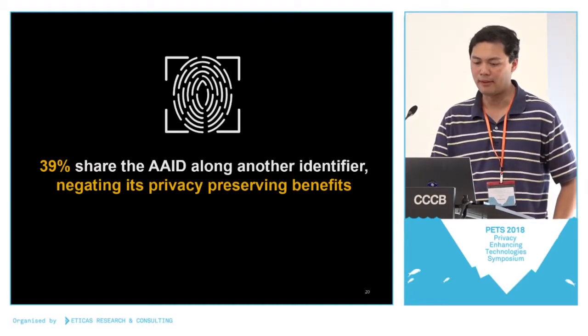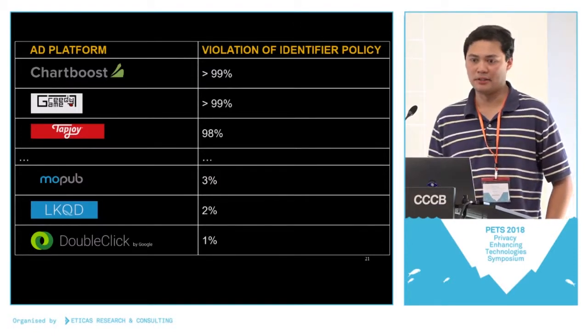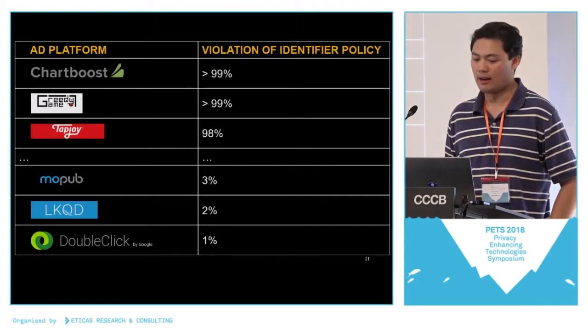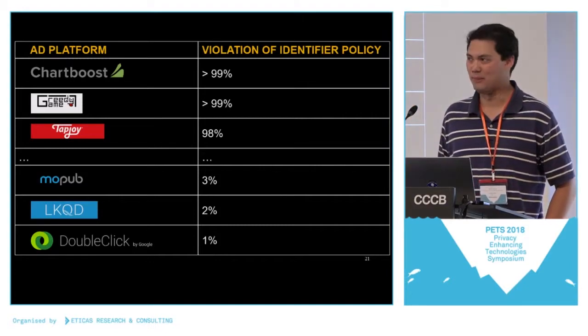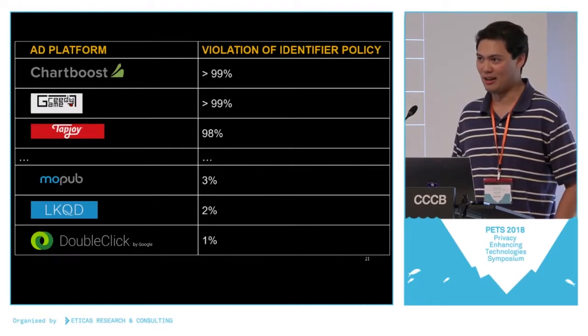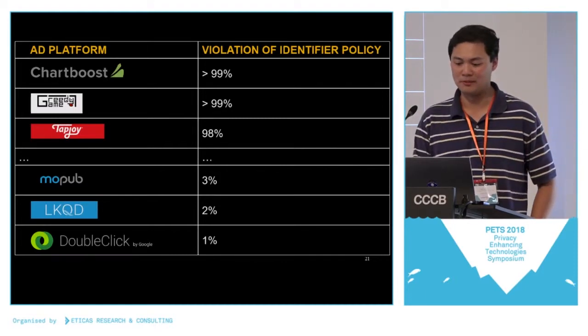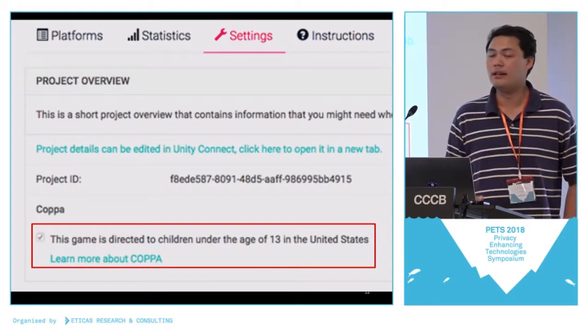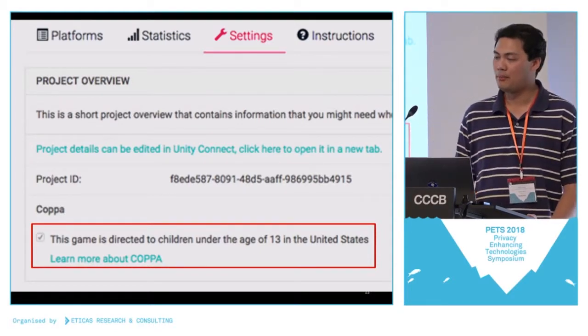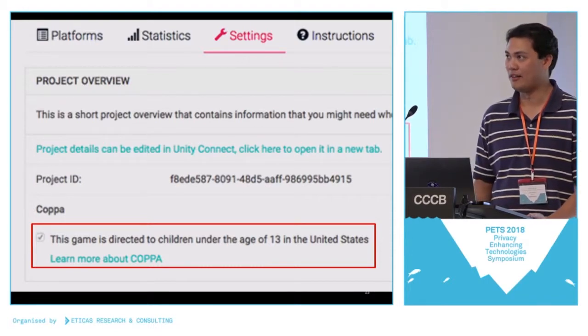its purpose. Among advertising services, we found that compliance with this policy varied widely, from Chartboost, who basically only took it as a suggestion, to Google's own DoubleClick, who followed their own rules. And as noted before, it's not just app developers that are subject to COPPA. Third-party SDKs themselves have been found liable.